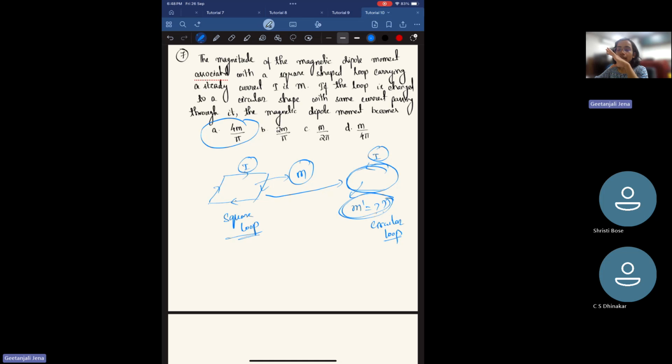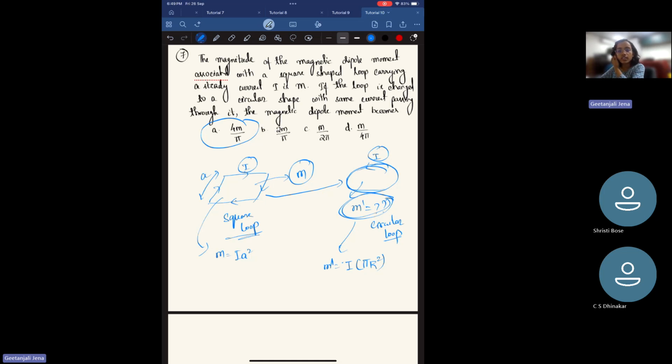So if you recall, the magnetic dipole moment is nothing but the current times area. For this square loop, let's say it has side length A. So M should be I A squared. For the circle, it will be I into pi r squared, right? R is the radius of this circle.